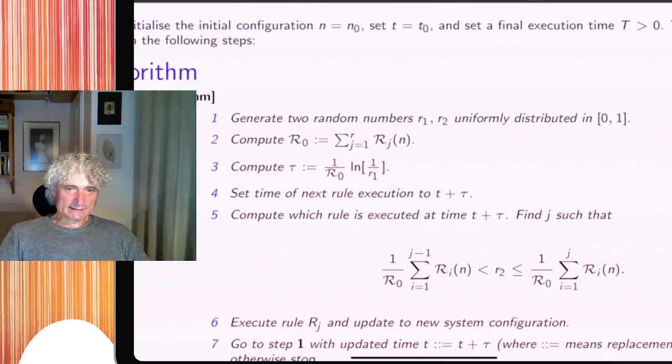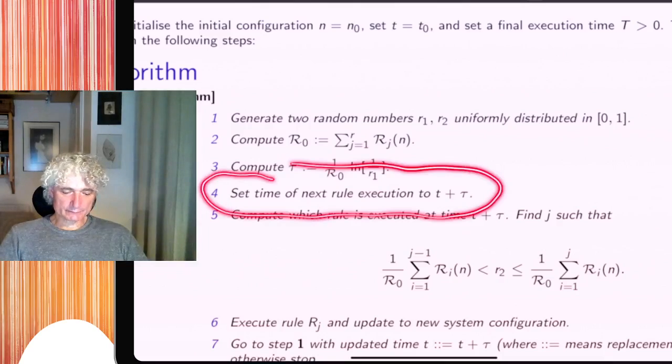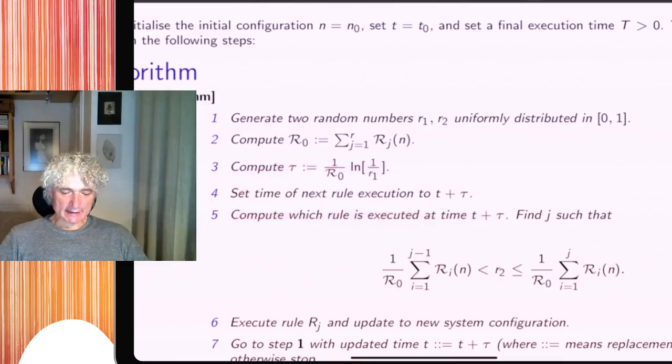So this, in a sense, gives you the overall reactivity or probability that you can trigger the system. And we compute now a step tau, given by 1 over r_0 times the logarithm of 1 over r1. Then we set in step 4 the execution time to t plus tau, so that's a typical time stepping step.